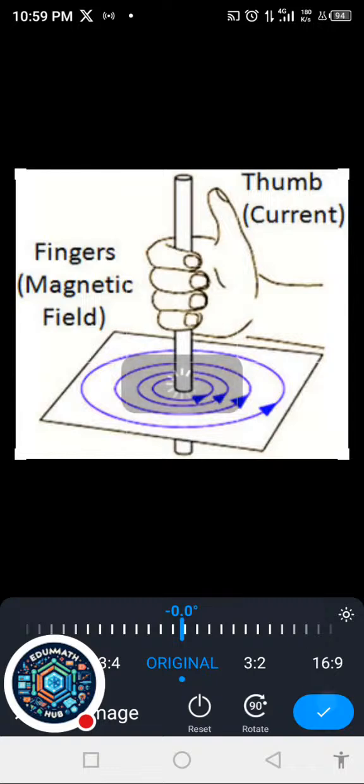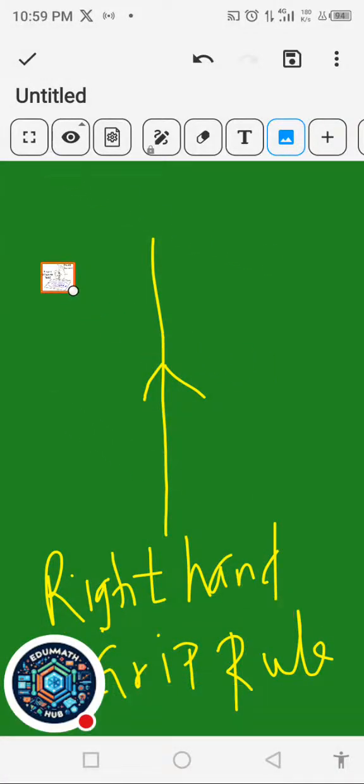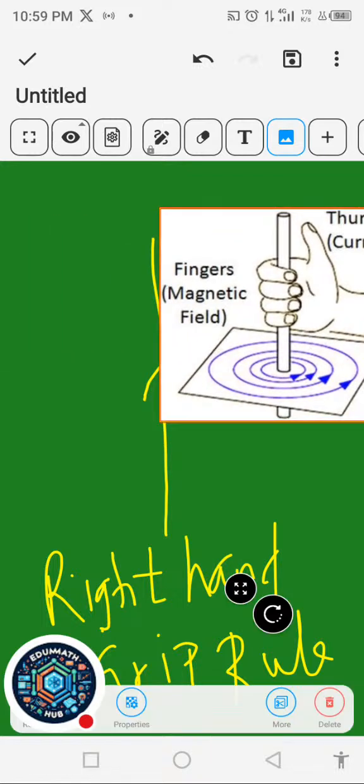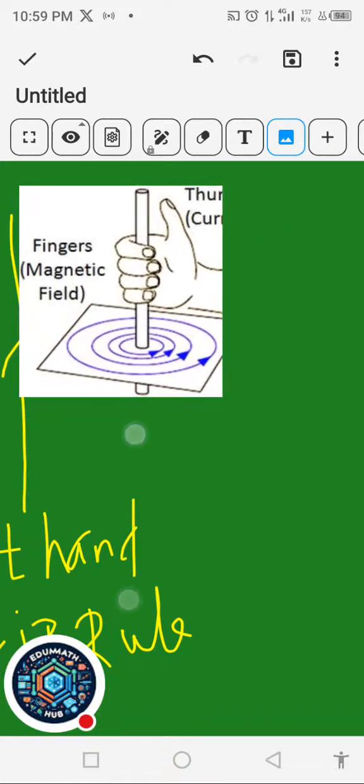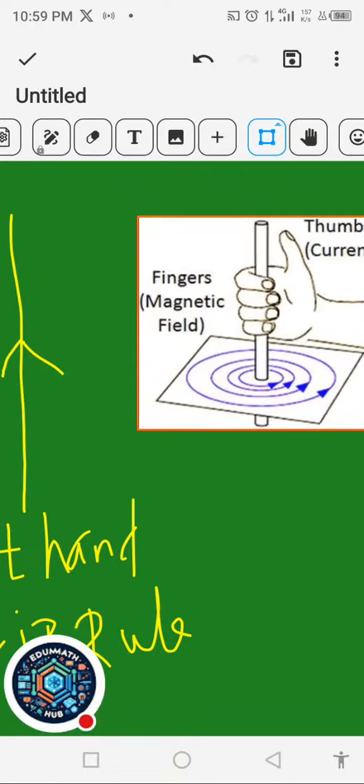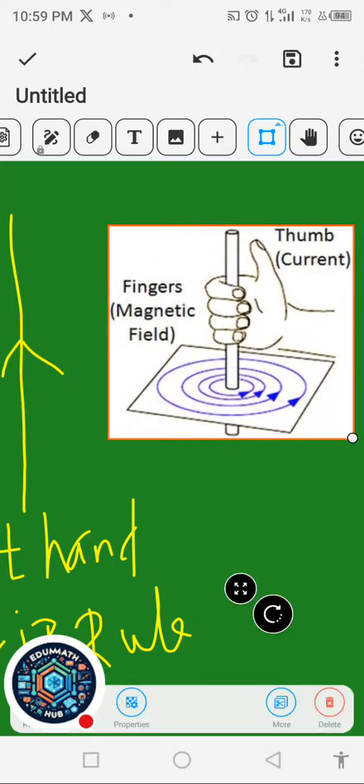So this is a picture here. This picture will tell you the direction that the current will be. So you can see it now.